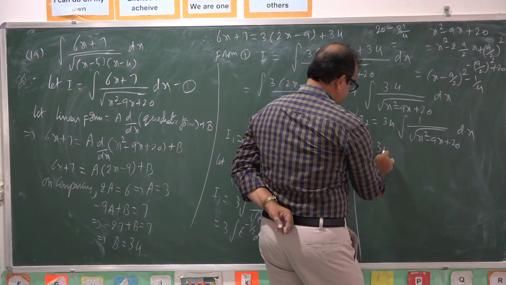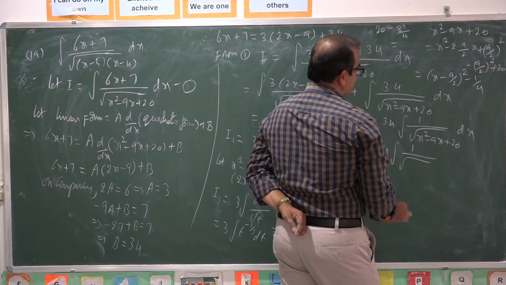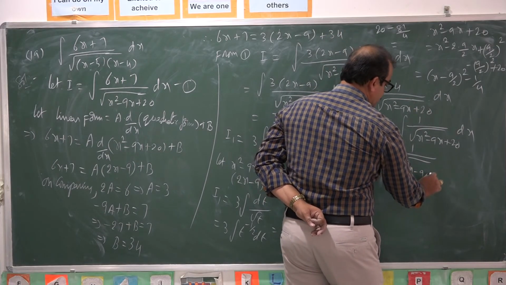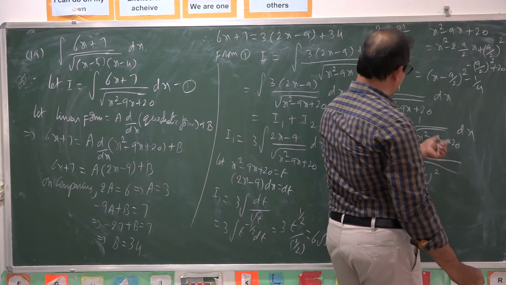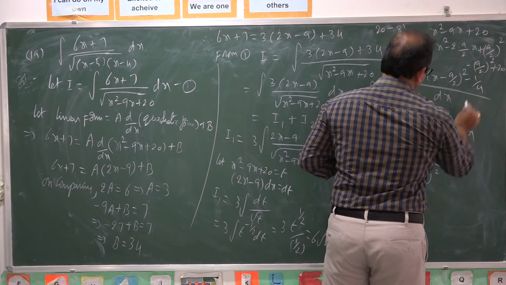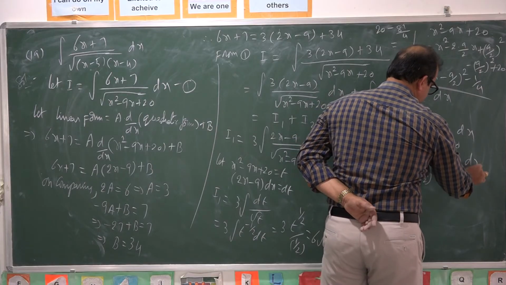Now it is 34 into integral of 1 by root of x minus 9 by 2 whole square minus 1 by 4, since x square minus 9x plus 20 is x minus 9 by 2 whole square minus 1 by 4, into dx.